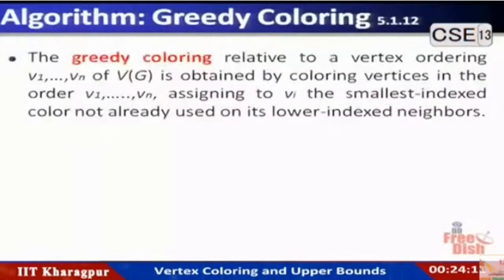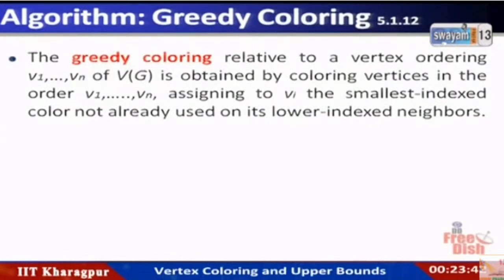Greedy coloring algorithm. The greedy coloring relative to the vertex ordering, that is V1, V2 and so on up to Vn, a particular ordering of the vertices of a graph G, is obtained by coloring the vertices in the given order, assigning to a vertex Vi the smallest index color not already used on its lower index neighbors.